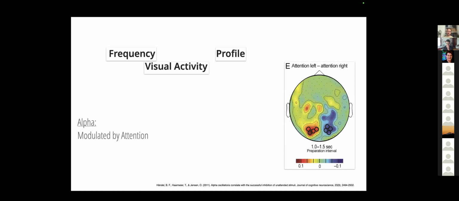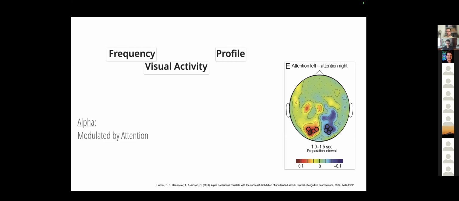From the electrophysiology perspective, we are mostly interested in alpha and gamma band activity. Here, a classic example for alpha band activity modulated by attention. Participants view stimuli either on the left or right side of the screen. Depending on which side of the screen they pay attention to, the alpha in the respective hemisphere changes, with contralateral alpha band power going down and ipsilateral alpha band activity going up.